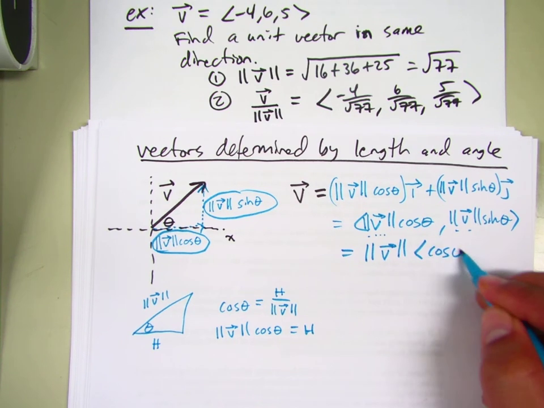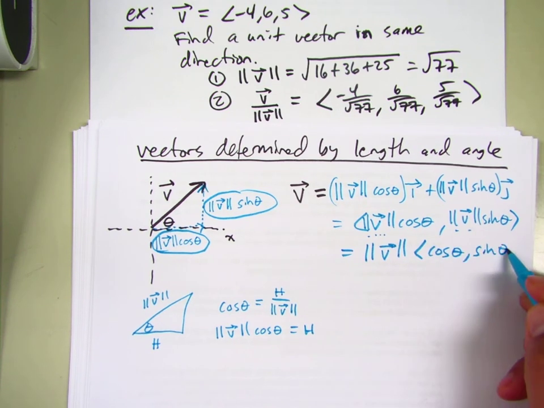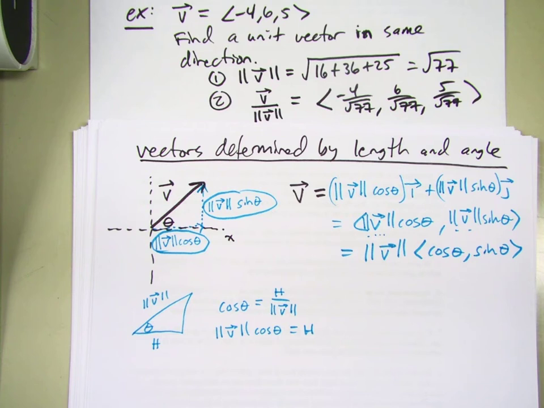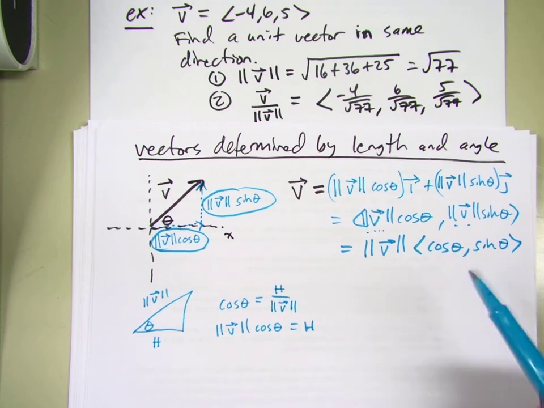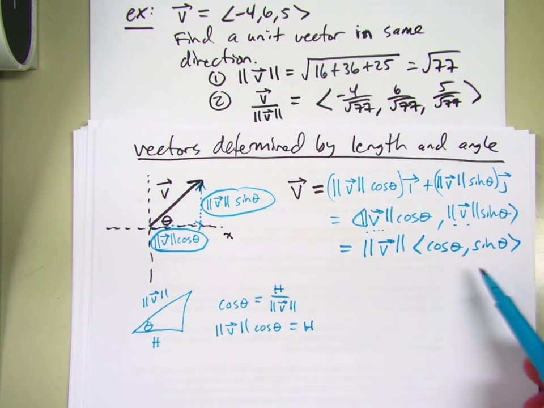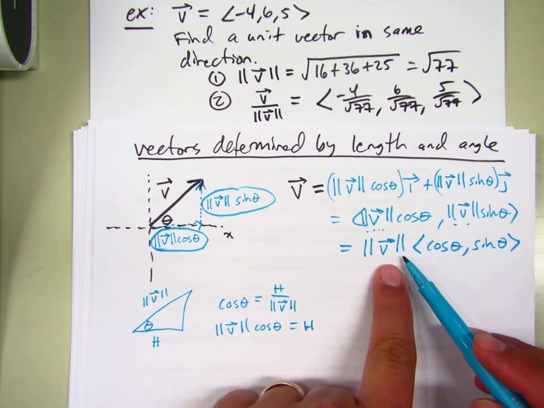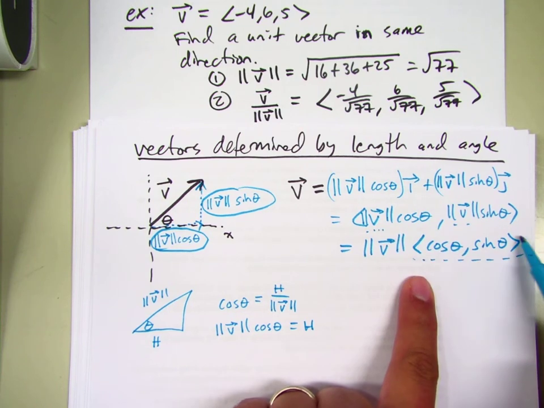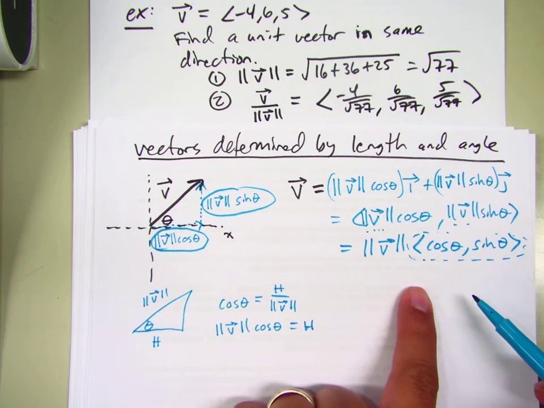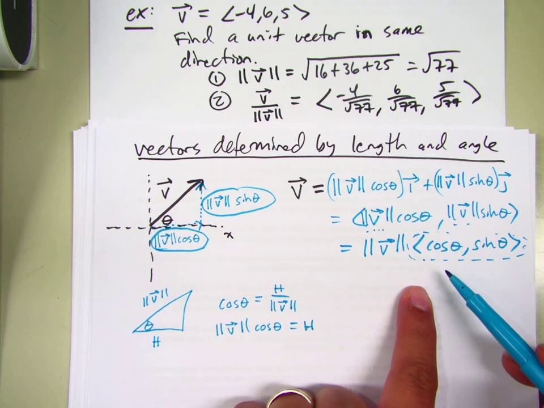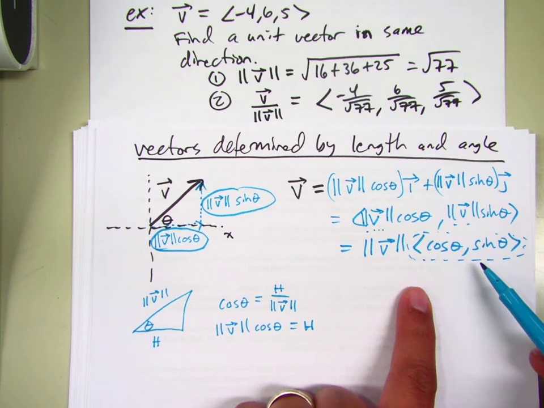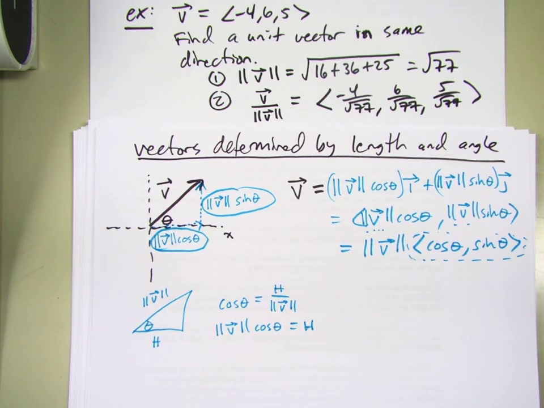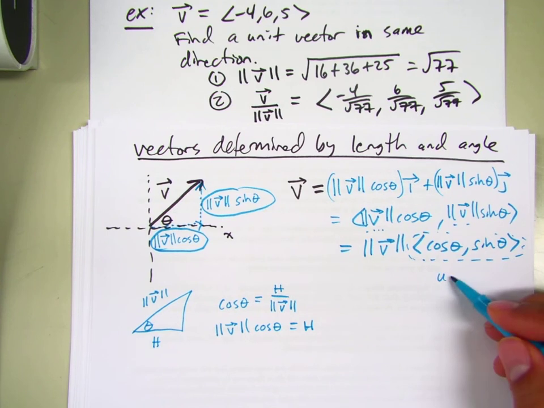And so now this is the same as just cosine theta, sine theta, which is interesting because when you factor out this length, the length of v, the length of this vector has to be 1 now. Okay, you can verify that, cosine squared plus sine squared is 1, so that's kind of interesting there. Think of it that way. So this is a unit vector right here.